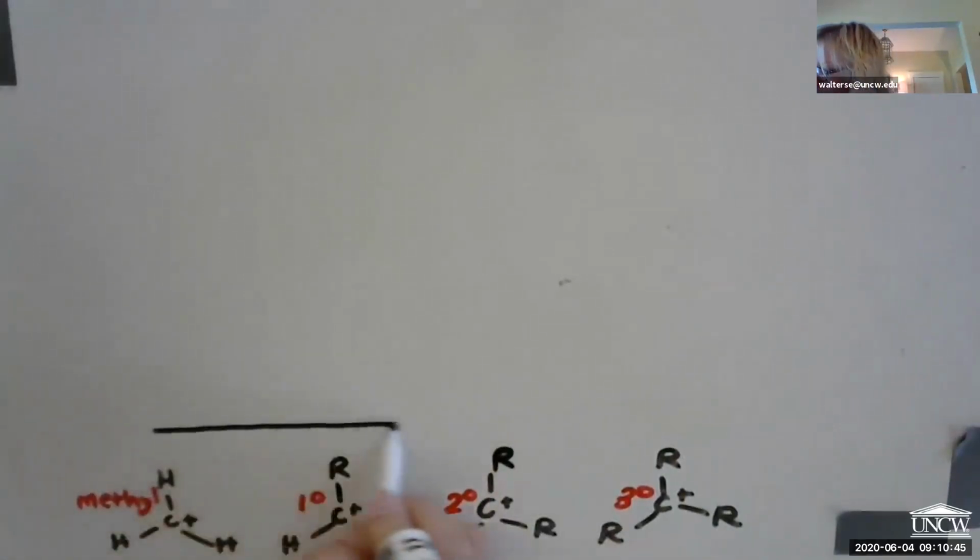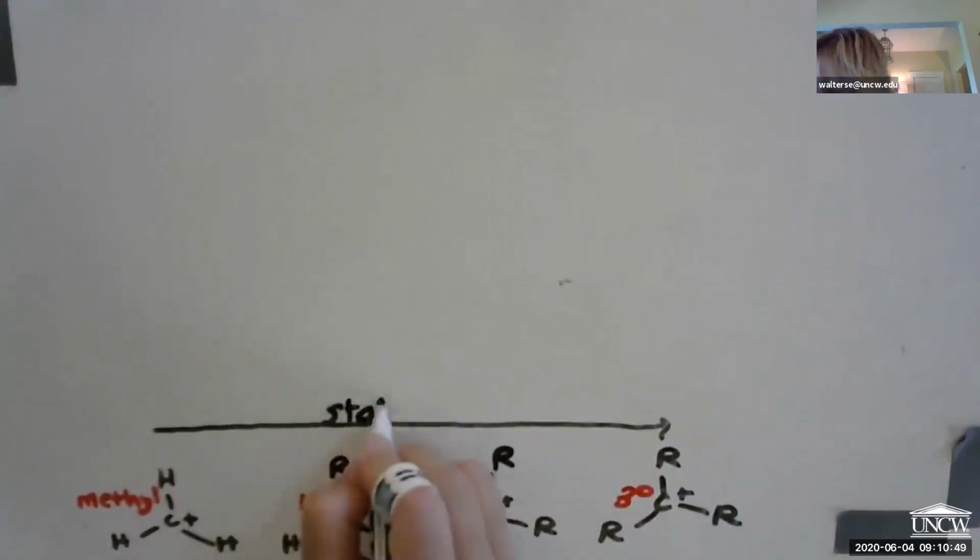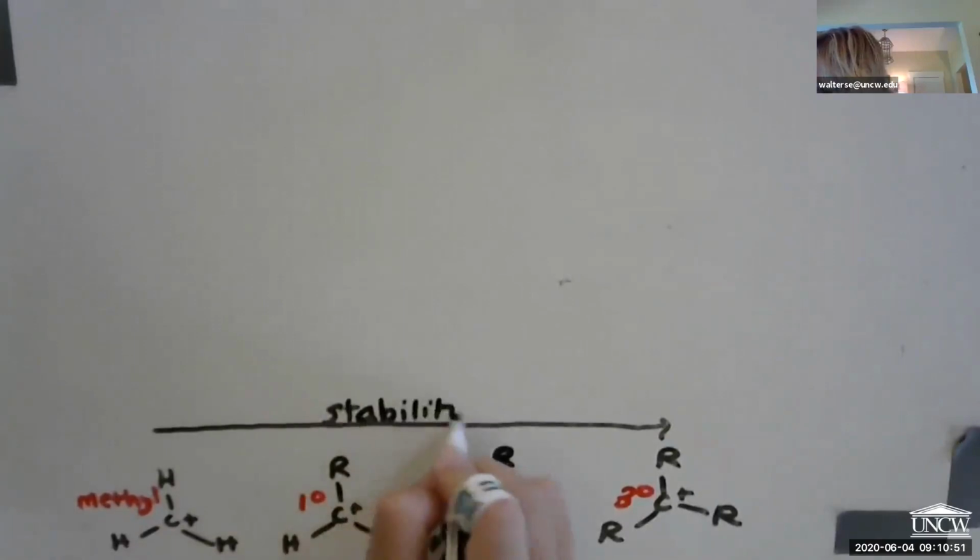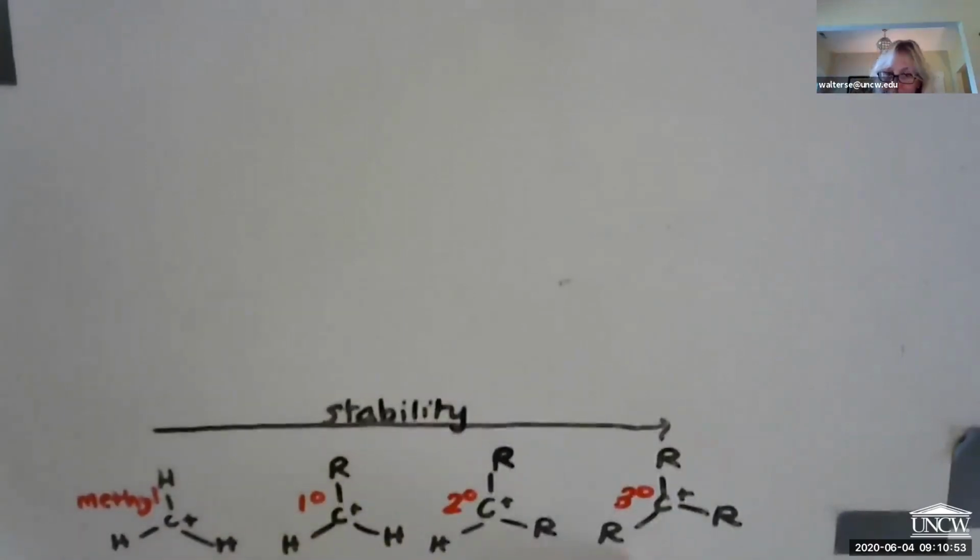Stability increases in this direction. So a tertiary carbocation is more stable than a secondary, which is more stable than a primary, which is more stable than a methyl. And methyl carbocations are so unstable that they don't readily form.